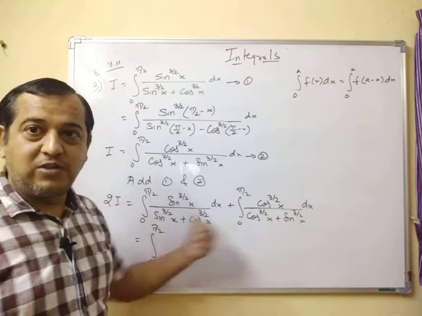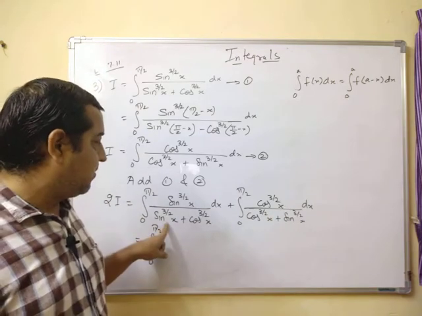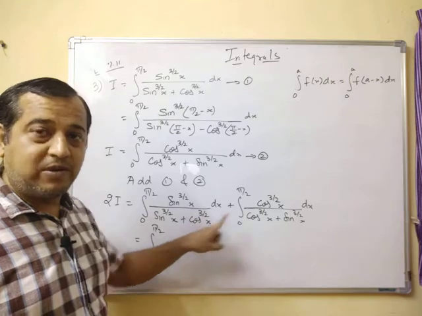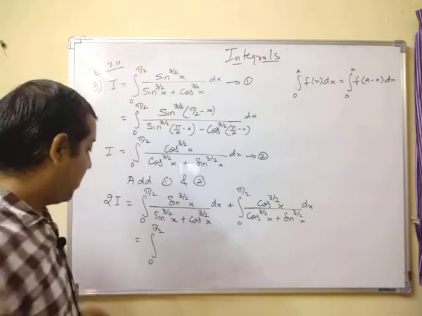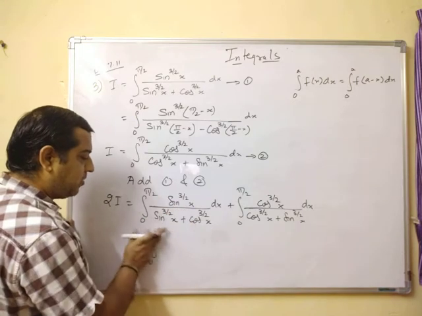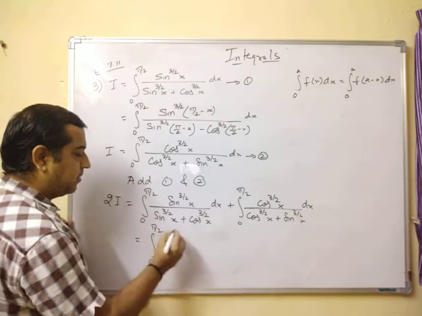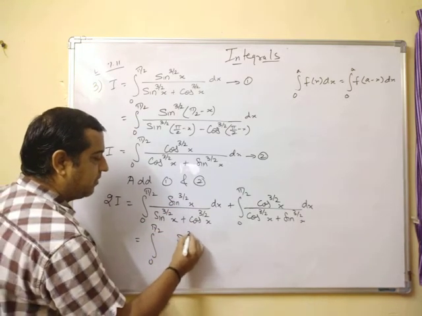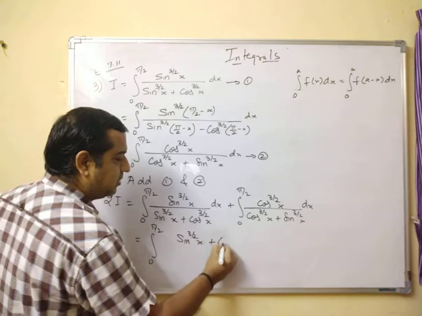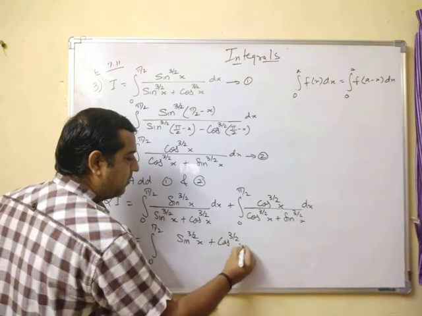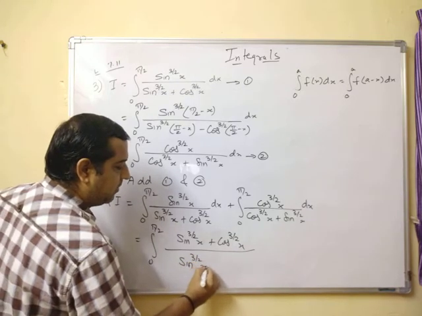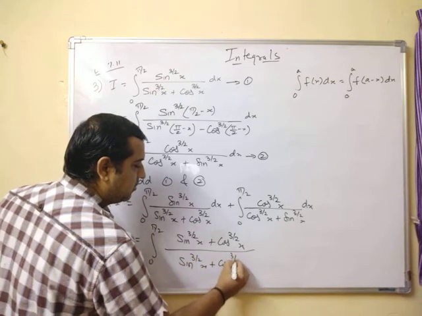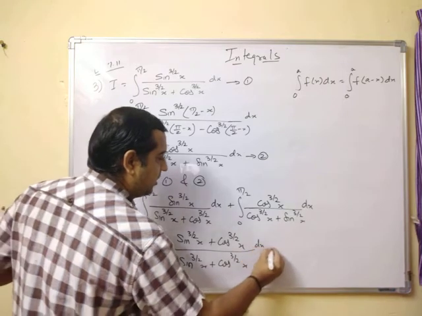Once again, you can see denominator is same, sin to the power 3 by 2 x plus cos to the power 3 by 2 x. So add them. When you add them, in the numerator you get sin to the power 3 by 2 x plus cos to the power 3 by 2 x, and in the denominator you are having same, sin to the power 3 by 2 x plus cos to the power 3 by 2 x dx.